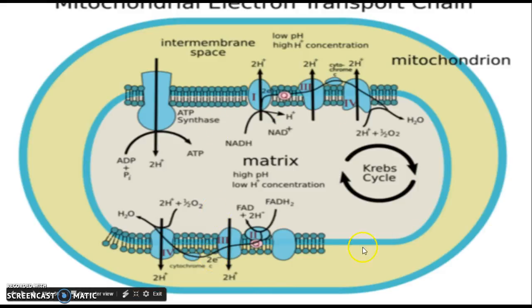Well, when all this is happening, we start to get an imbalance of hydrogens. And this is why we breathe. As we start to pump too many hydrogens up here and we start to move them back through, this little synthase, which is the wrench, grabs ADP and wrenches together some ATPs.